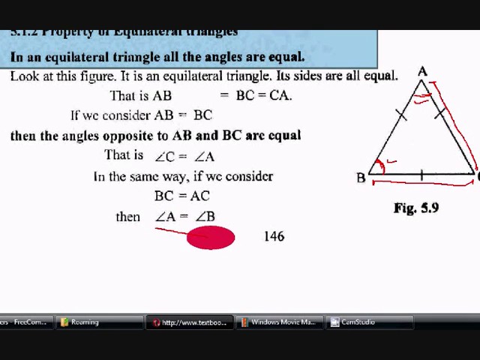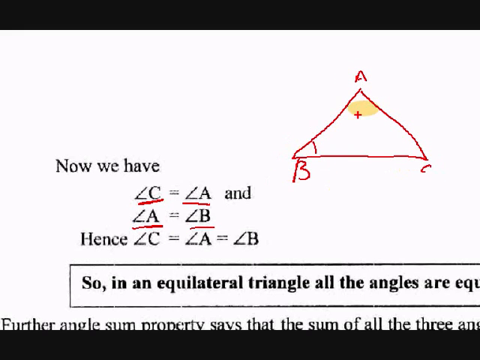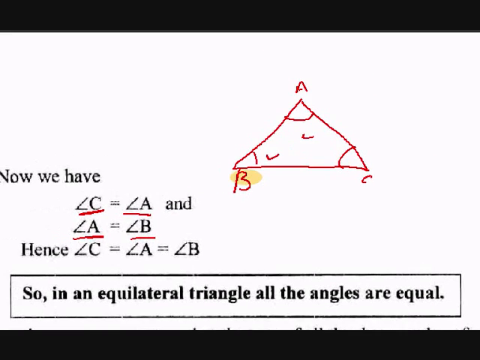Since BC and AC are equal, from this we found angle C equal to angle A equal to angle B. That means all these three angles are equal. Right? Hence, in an equilateral triangle, all angles are equal. This is the property we want to prove, right? Okay. All angles are equal.